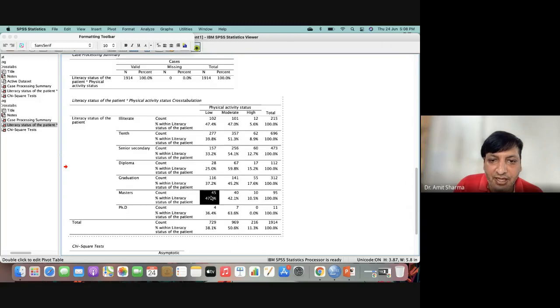And here, in case of masters, numbers are 45, but percentage is the same, equivalent to 47.4. So number cannot show the highest proportion, because there is a lot of difference in number, 102 and 45. But if you consider the percentage, it was found equivalent, that is 47.4 and 47.4.